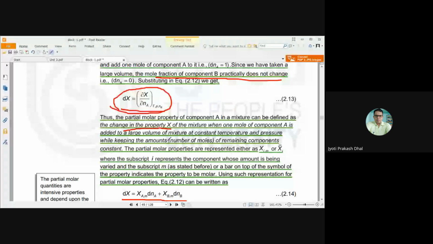In general terms, here we are considering X as a partial molar property. So the partial molar property of the component A in a mixture can be defined as the change in the property X of the mixture when 1 mole of the component A is added to a large volume of the mixture at constant temperature and pressure while keeping the amounts of the remaining components constant.